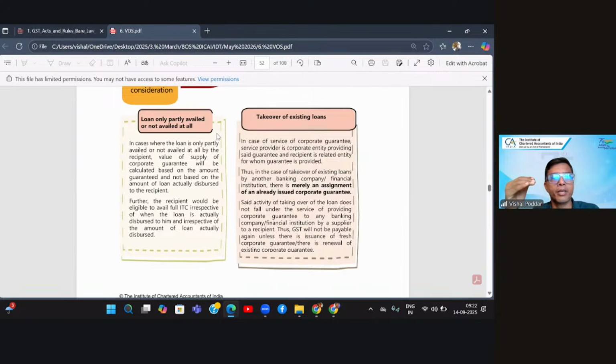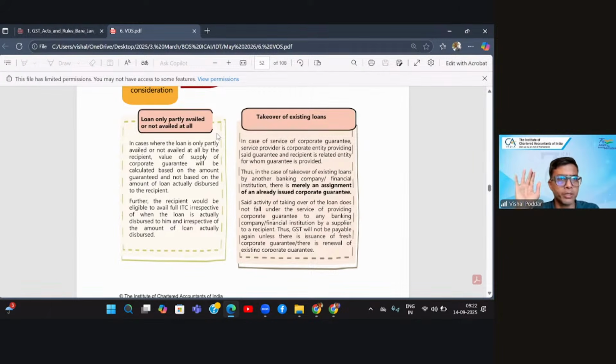So you understand that many times when it comes to loans, we sanction a higher amount, but we utilize only part of the amount, or maybe in this year only the loan is sanctioned but actually no disbursement or utilization has happened. So let us say today I get a loan sanctioned of 100 crores from the bank where my holding company or my director has stood as a guarantor for me.